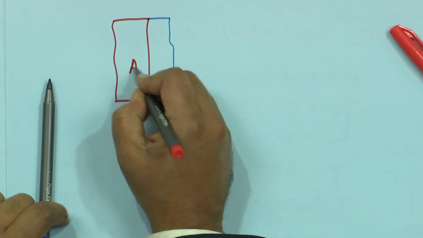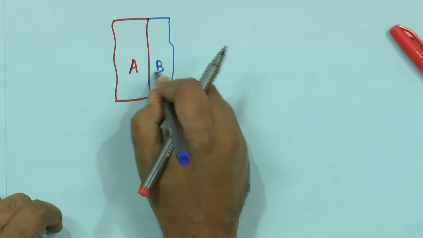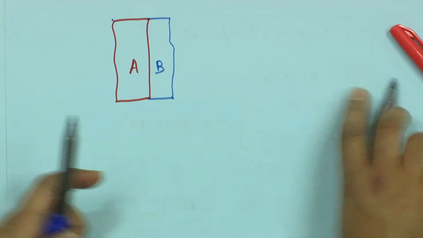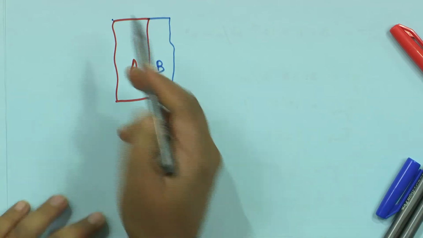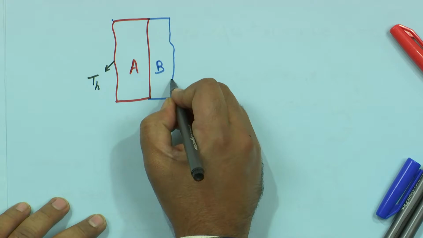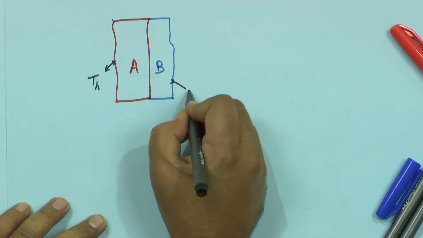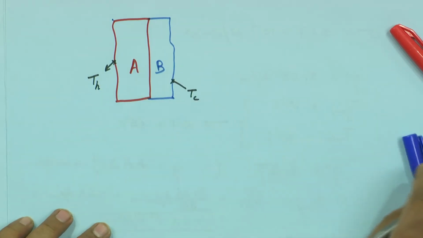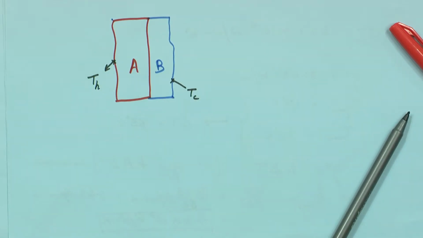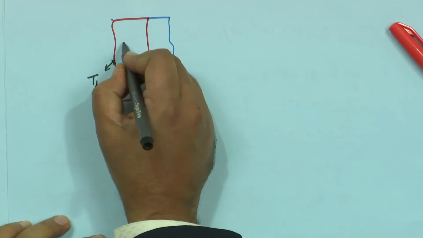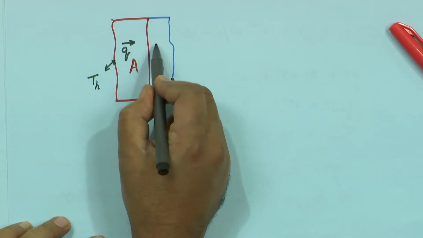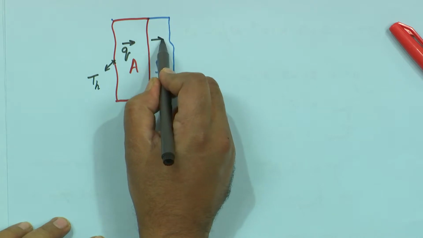Let us say this is A, this is B. This face is at a temperature T H, and this face is at a temperature T C, H for hot, C for cold. So, definitely there is a temperature gradient, and therefore, heat is going to flow in this direction. Now, the same heat is also going to flow through B.